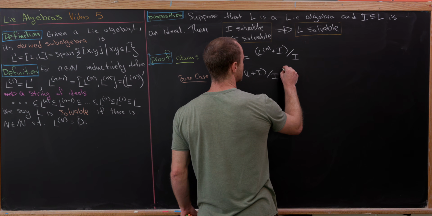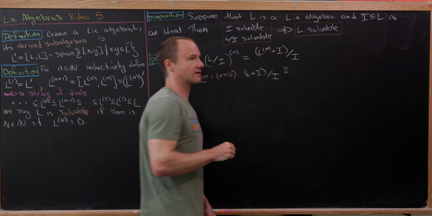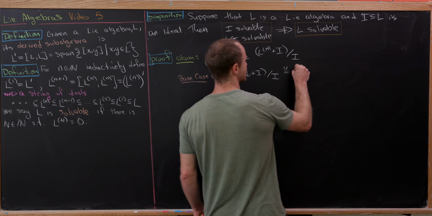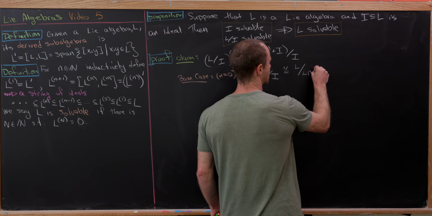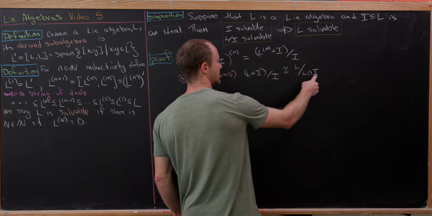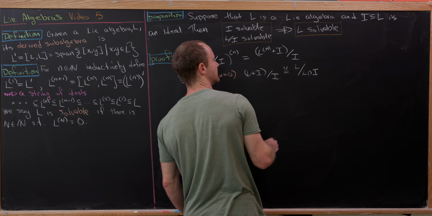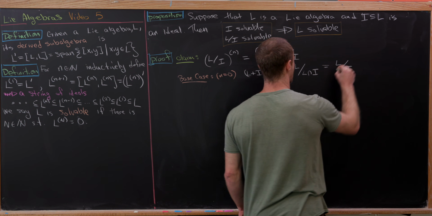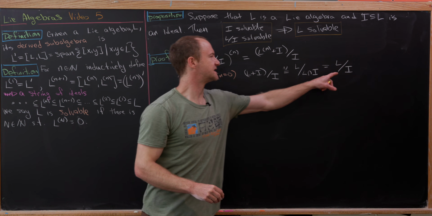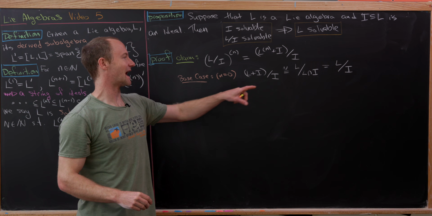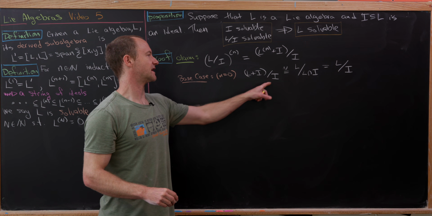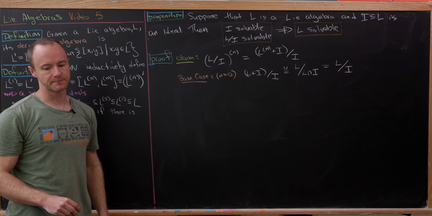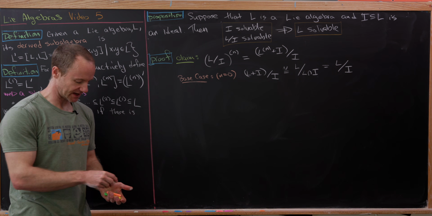But then by the second isomorphism theorem, this is isomorphic to L mod L intersect I. But since I is an ideal of L, L intersect I is simply I. So this is L mod I. But then since this object is naturally a subset of this object, the isomorphism is actually equality. So there we have our base case.